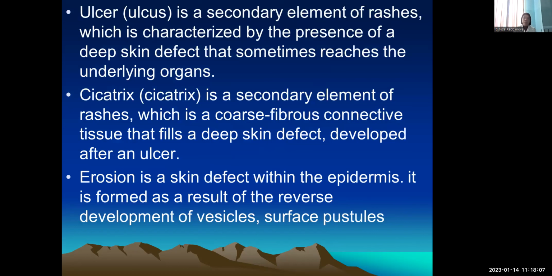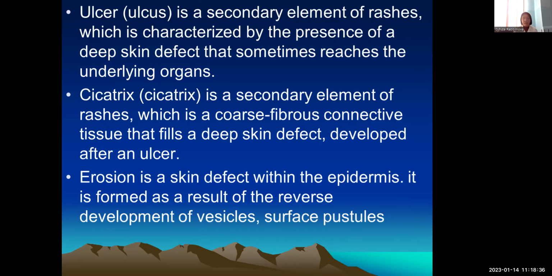Ulcer, ulcus, is a secondary element of rashes, which is characterized by the presence of a deep skin defect that sometimes reaches the underlying organs. Cicatrix is a secondary element of rashes, which is coarse fibrous connective tissue that fills a deep skin defect developed after an ulcer.